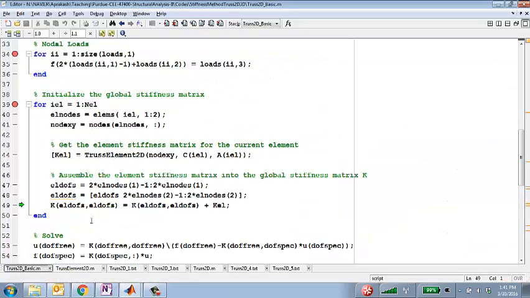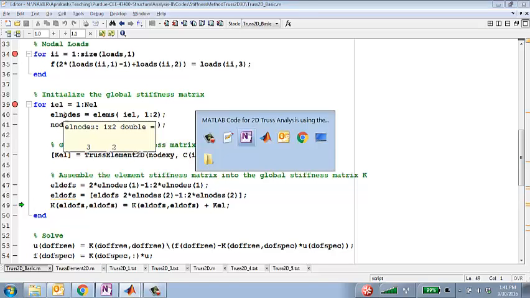So we find which degrees of freedom this element is connected to, and clearly it shows 5, 6, and 3, 4. Any idea why it's sort of in the reverse order, 5, 6, 3, 4? Because the connectivity, we said for element 3 is 3, 2, not 2, 3.